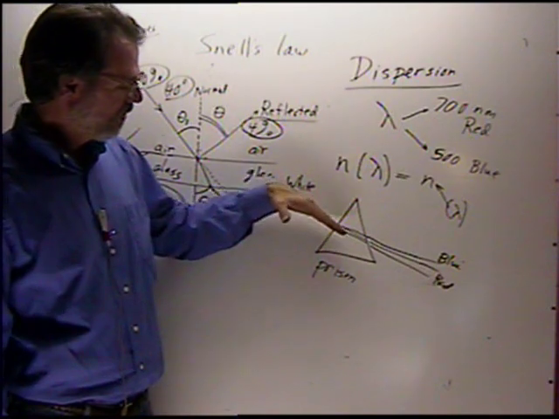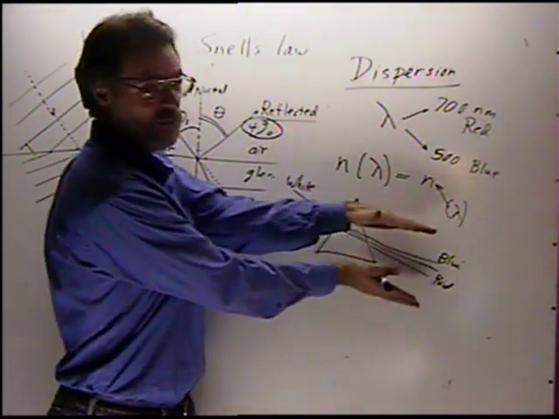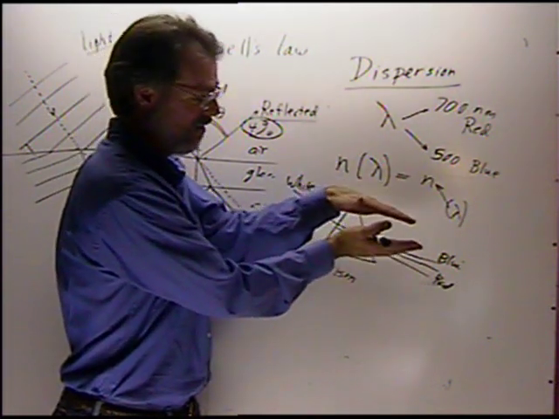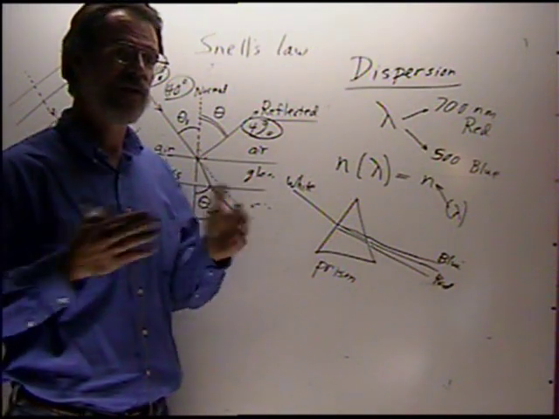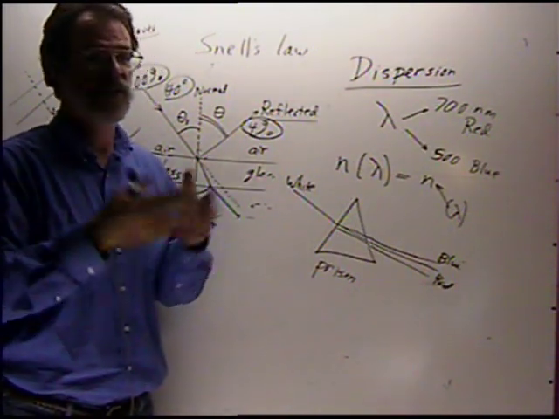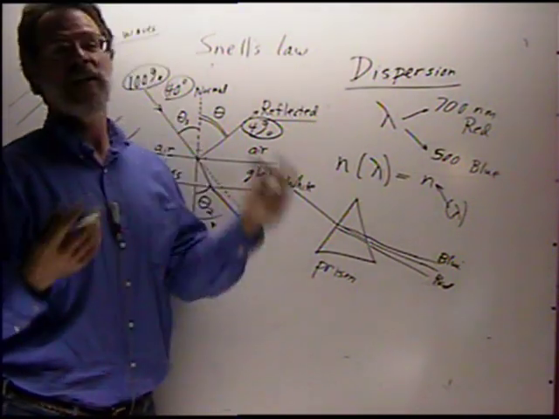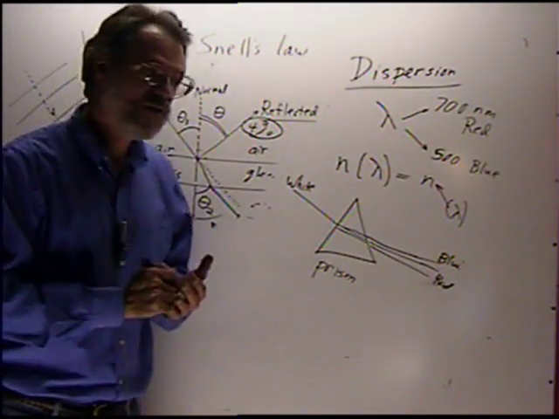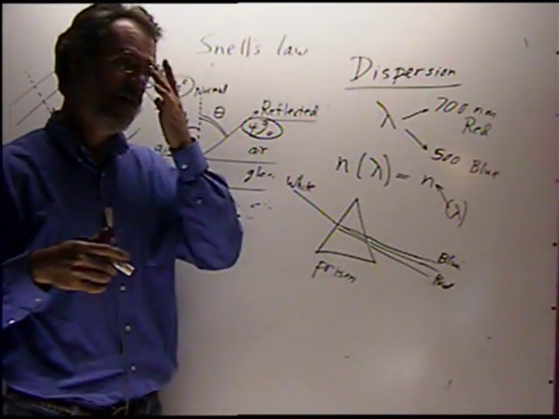For each color there's a slightly different angle at which it bends, so the colors separate out into the rainbow. Dispersion can be a wonderful thing. It brings about all kinds of effects, and we get spectrometers and rainbows because of it.